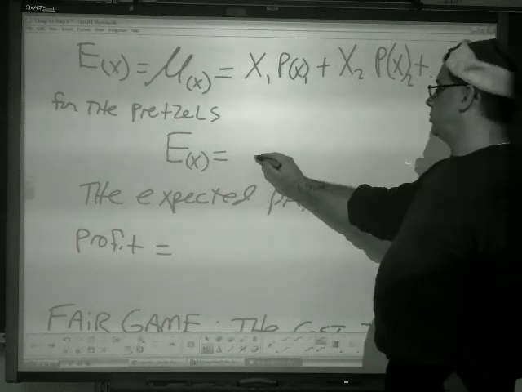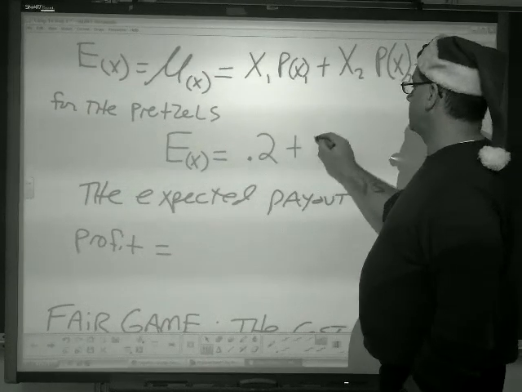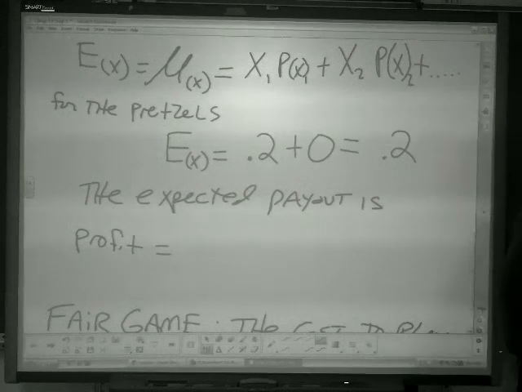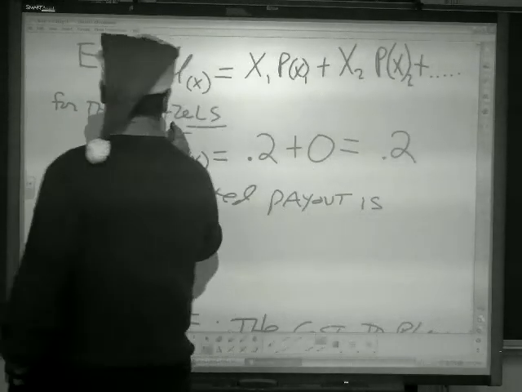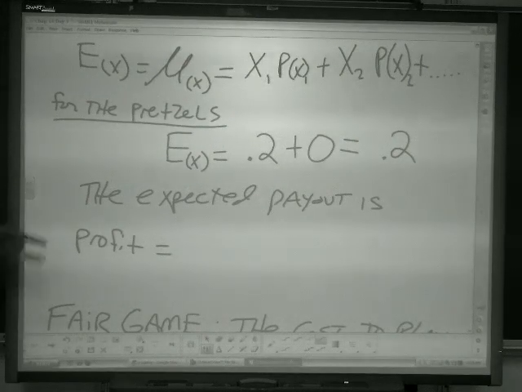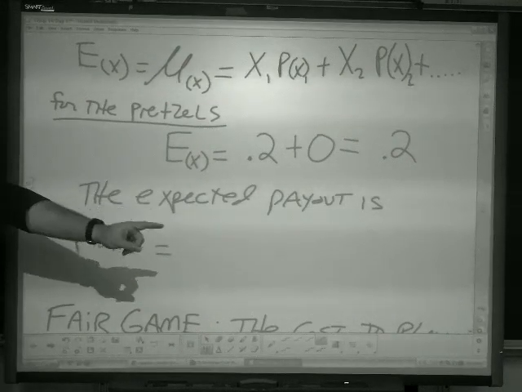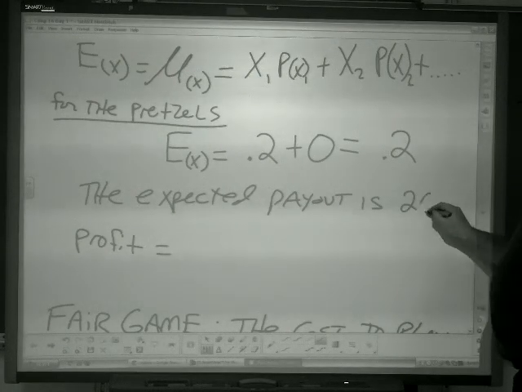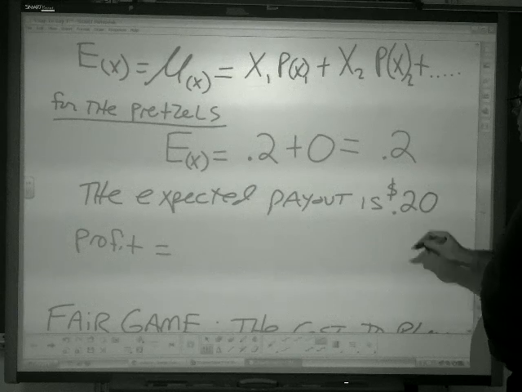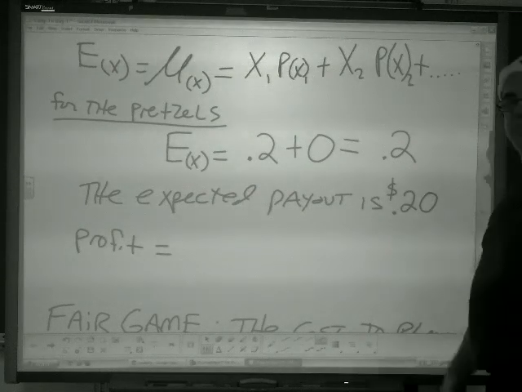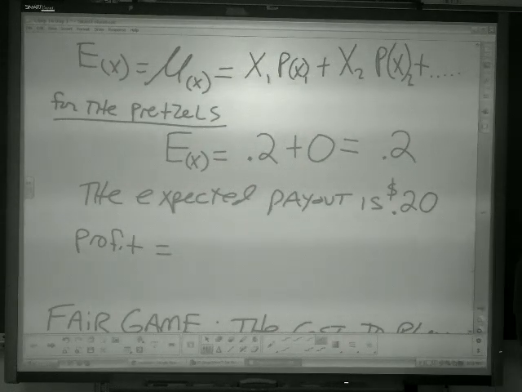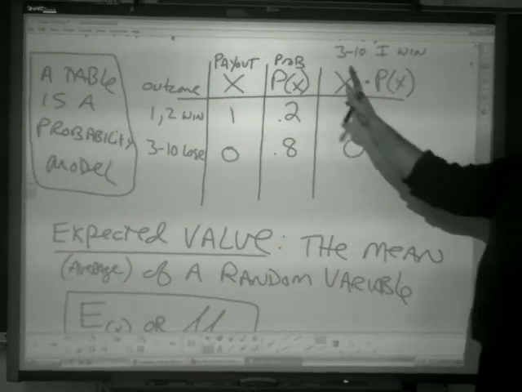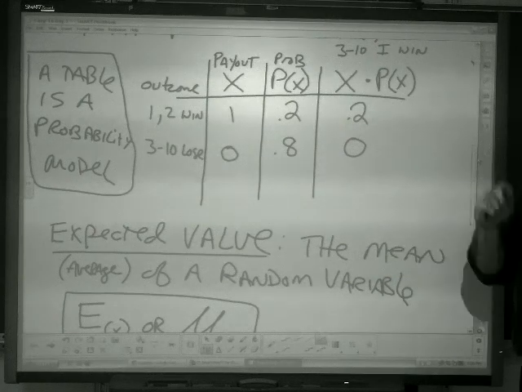So 0.2 plus 0 is 0.2. That's the expected value for the pretzel problem. So the expected payout is, in money, 20 cents. That is my expected payout. So when we do the table, we always think of this as our payout and what we expect to pay out.